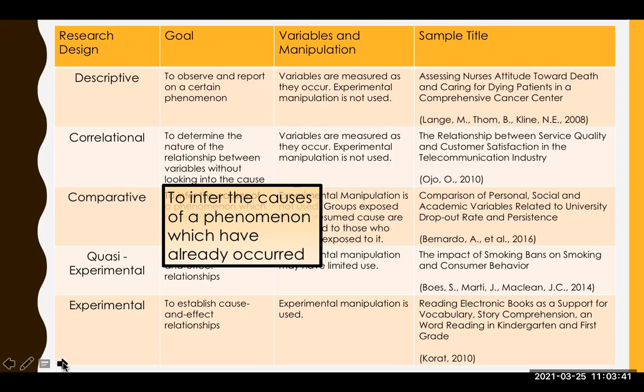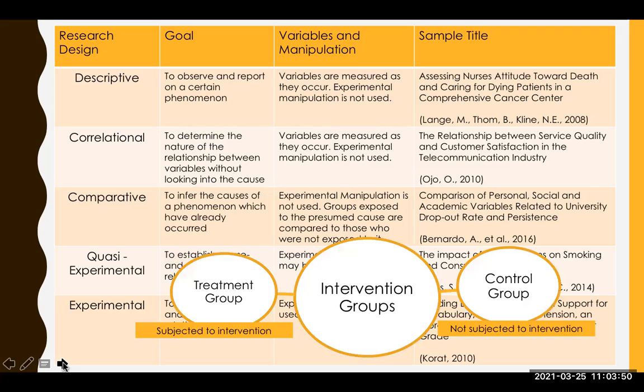The last two kinds of research design can be distinguished with the presence of an intervention applied to the subjects of the study. An intervention or treatment involves the manipulation of the independent variable in an experiment. So the presence of the intervention can be attributed as the cause of change in the dependent variable.